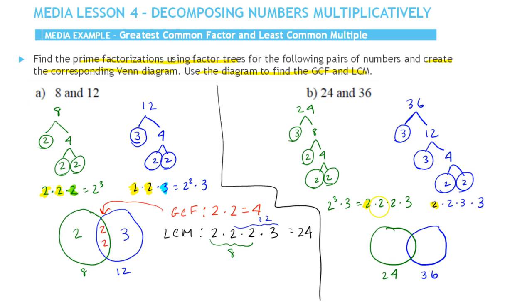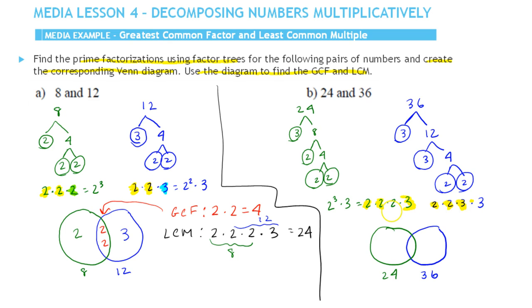They match up. They each have 2 factors of 2. Well, 24 has another factor of 2, but 36 doesn't, so I'm not going to highlight that one. And 24 has a factor of 3, and so does 36. So 36 actually has 2 factors of 3, but they only have 1 factor in common.